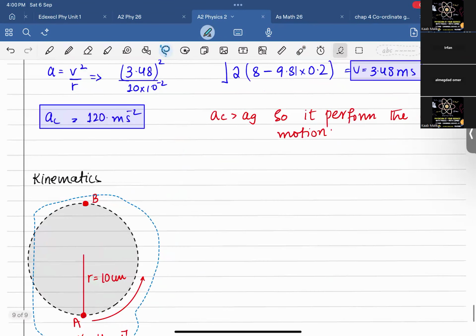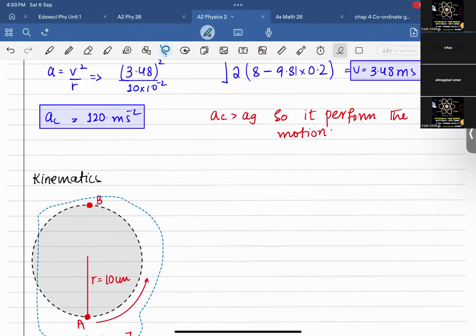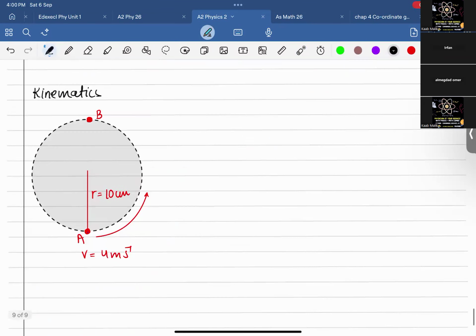If you're using kinematics, you will do 2as equals v squared minus u squared. We have the initial velocity, we have the radius, but we don't have the final velocity.